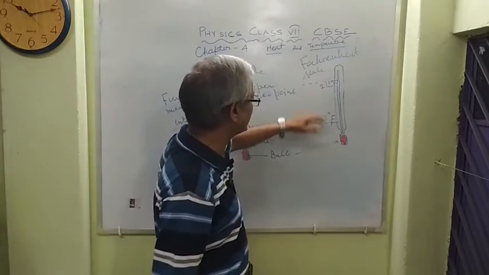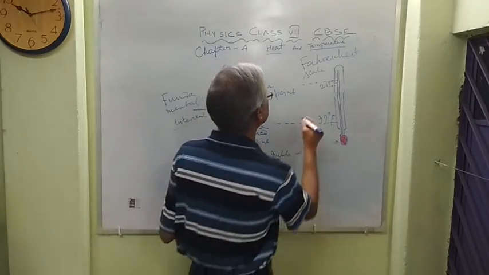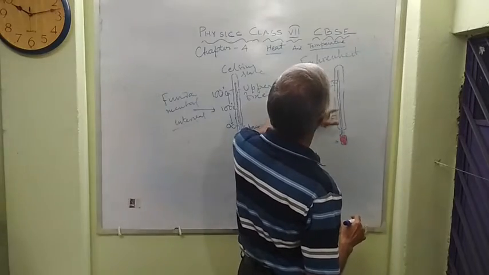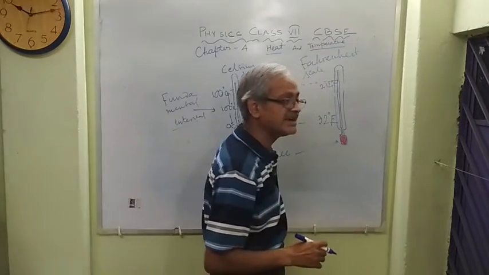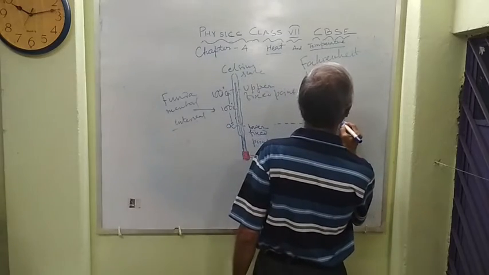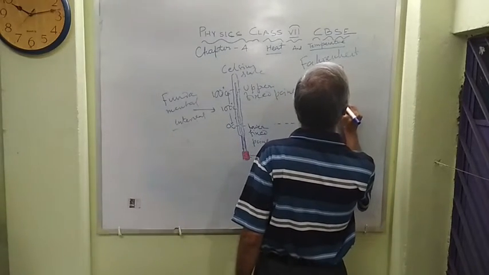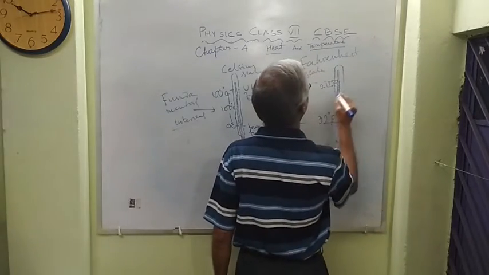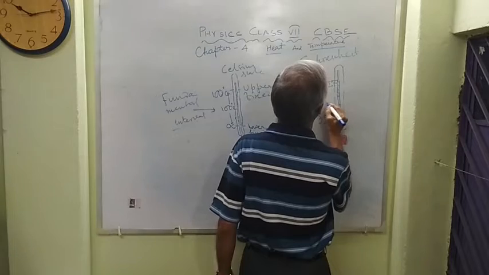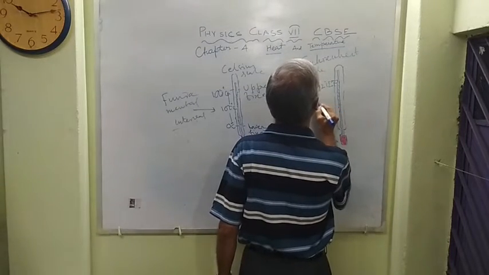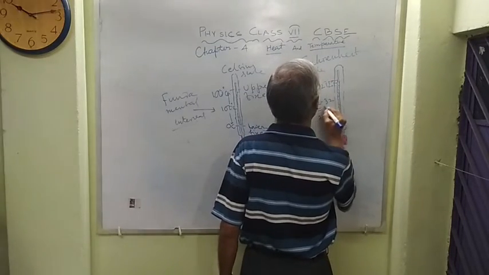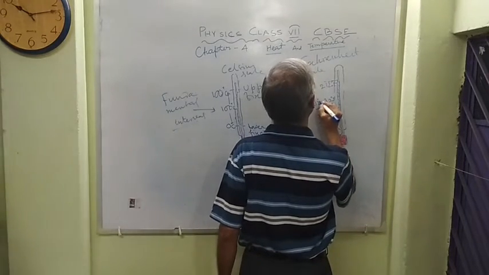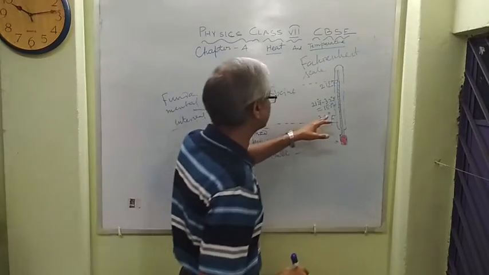In between 212 and 32, we calibrate the scale into 180 equal parts. Each part represents 1 degree Fahrenheit. 212 minus 32 equals 180 degrees Fahrenheit. Hence the difference is 180 degrees Fahrenheit.